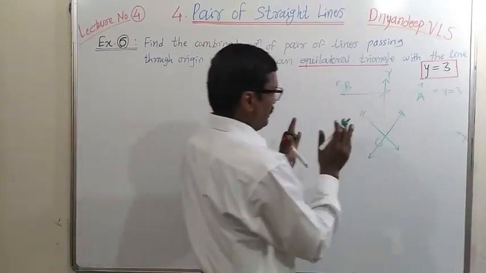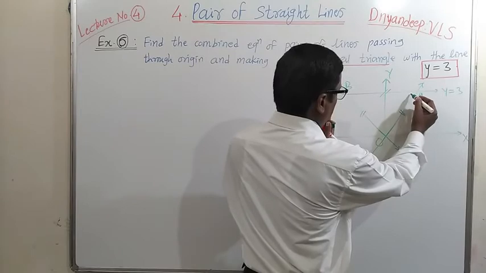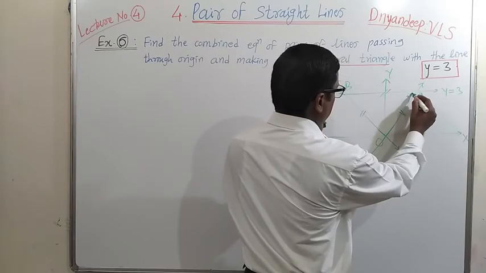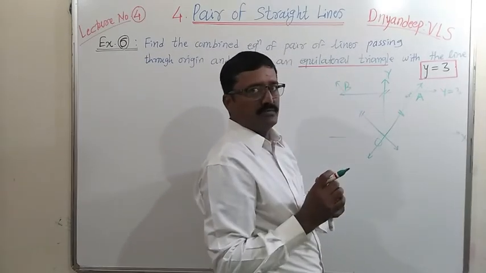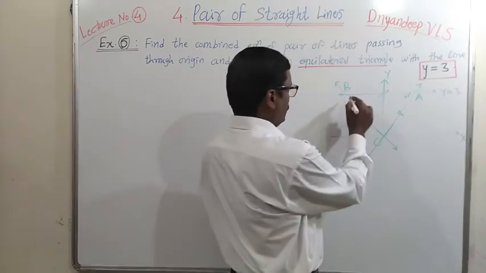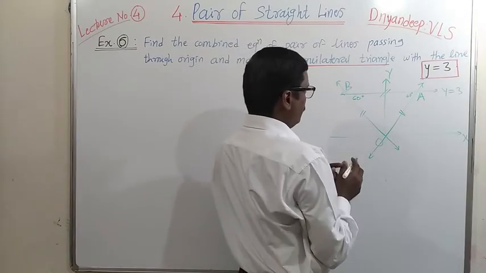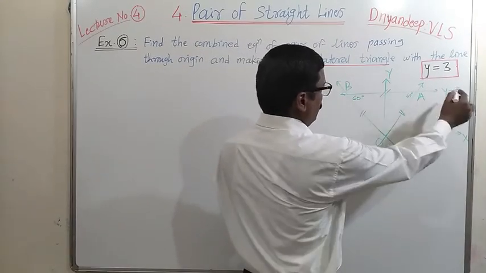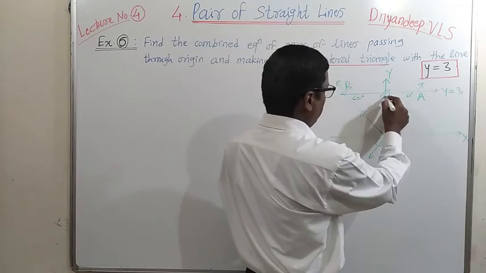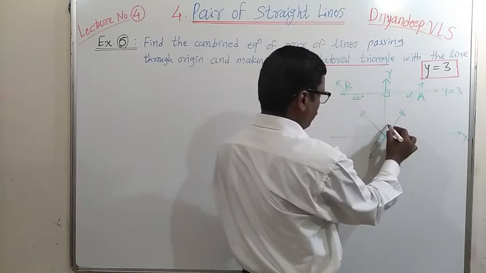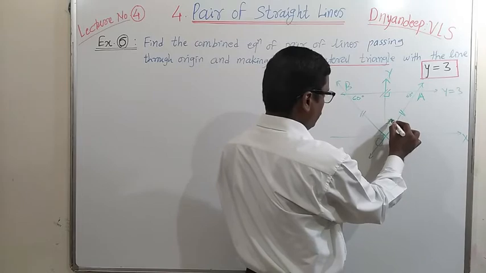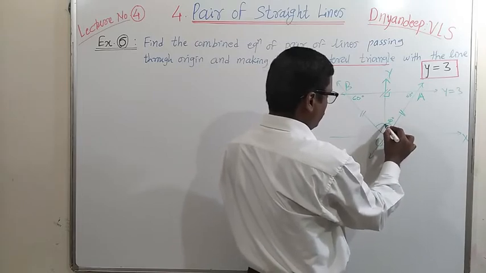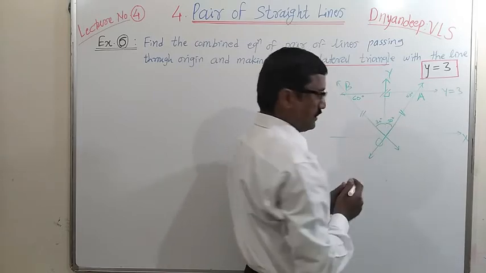This forms an equilateral triangle. So obviously the angle here will be 60 degrees because of the equilateral triangle, so each angle will measure 60. This y = 3 is perpendicular to the y axis, so this is 90. So this will be 30 degrees. This angle has measure 30 degrees. This angle also has measure 30 degrees.